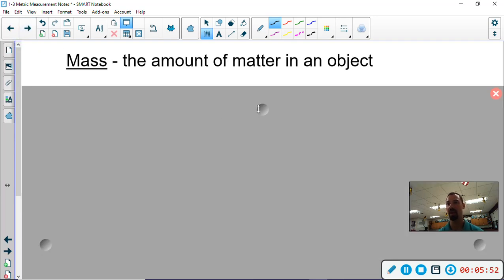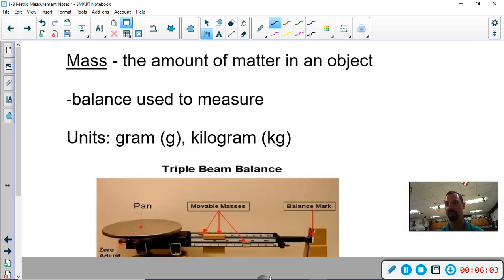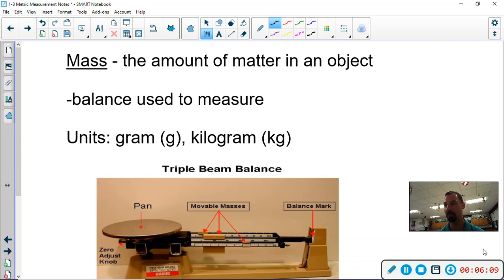Okay, next we have mass. That's the amount of matter in the object, the amount of particles in the object. A balance is used to measure it, and that looks like this down below. So this is a balance, a triple beam balance. The reason they say that is because there are three sets of weights. We always start with the biggest first.